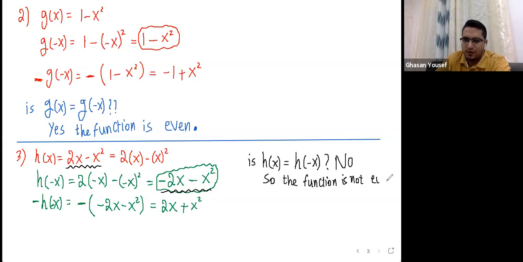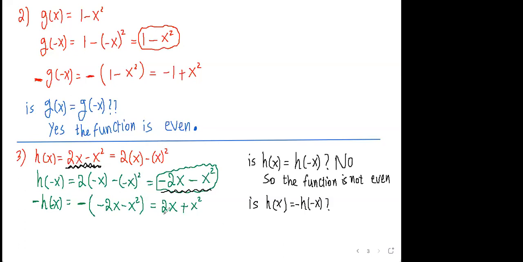Okay, for the second question, is h of x equal to minus h of minus x? Is this thing here equal to this? No, because it's negative and then there's also positive. Exactly.